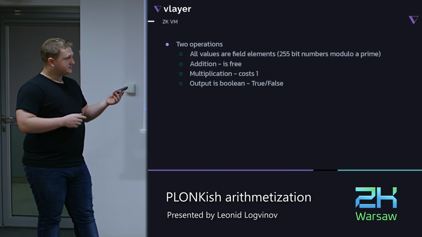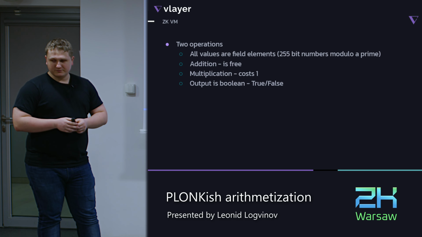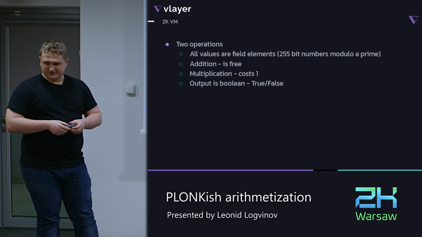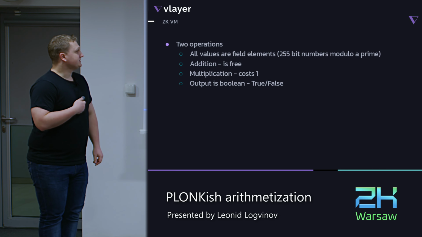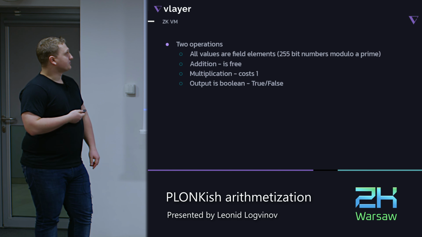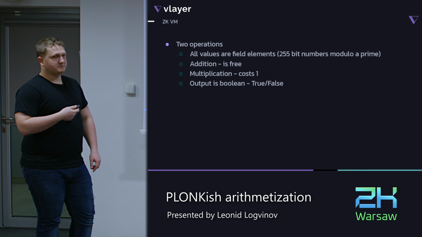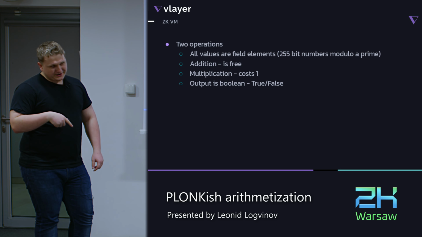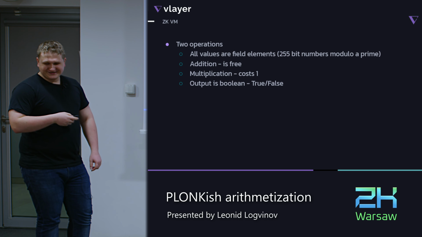And we will be seeing the example for PLONK and Noir, in which the addition, in fact, is not free, but it can be combined with some multiplications to become cheaper, which we will see in the actual arithmetizations of actual programs. But if we're talking about Groth16 and rank 1 constraint systems, then their addition is free.